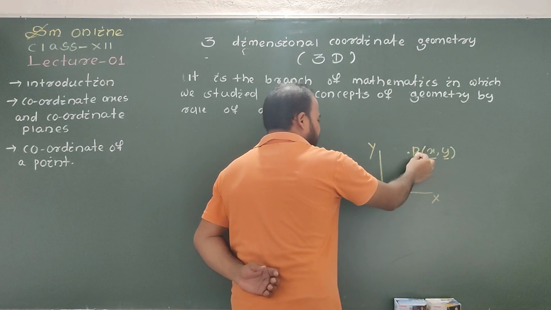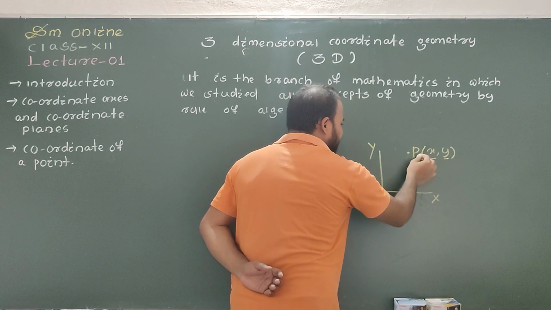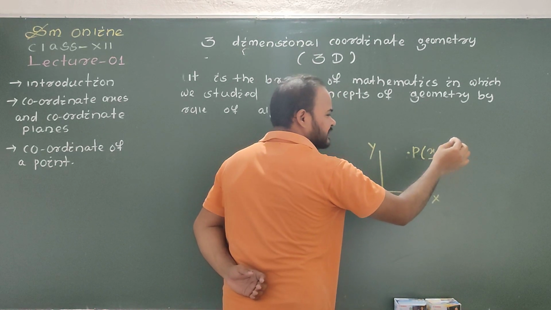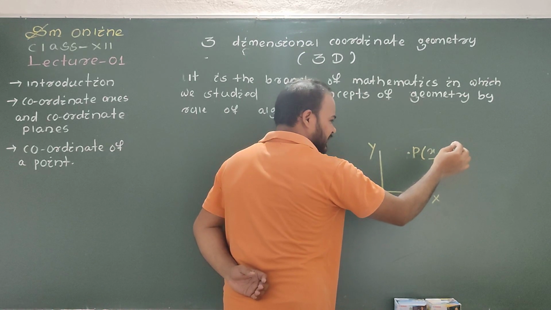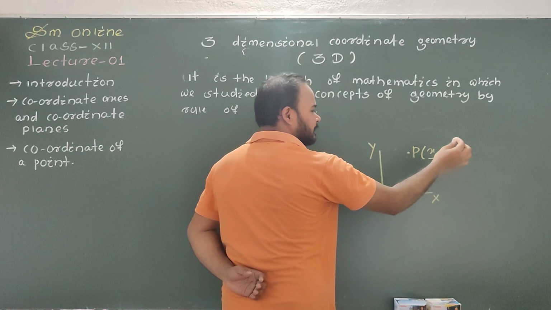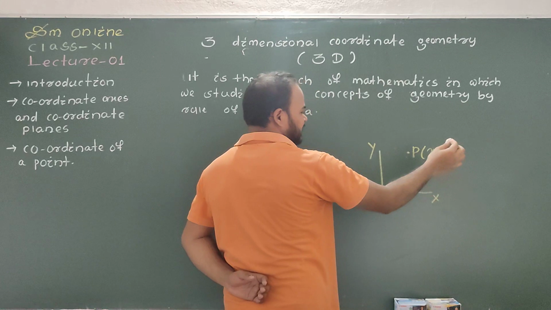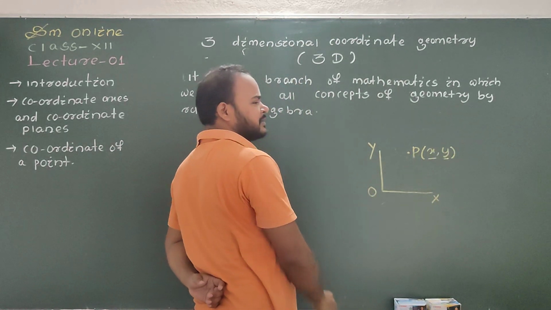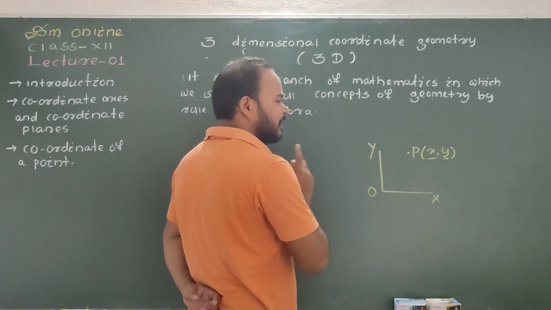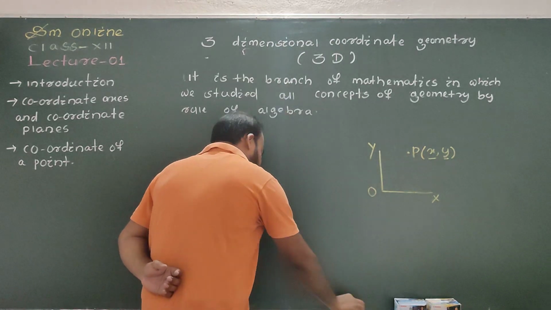Suppose this is the x axis, this is the y axis, and this is the z axis. Another axis is the z axis. Then we locate the point P in space, so we need three axes to locate the point P in space: the x axis, y axis and z axis.